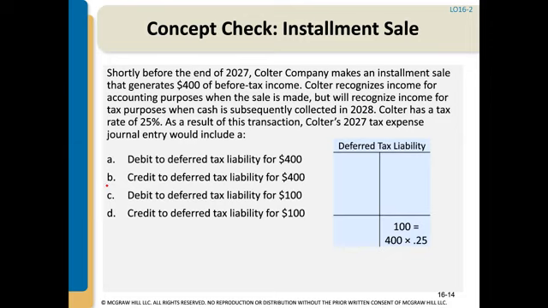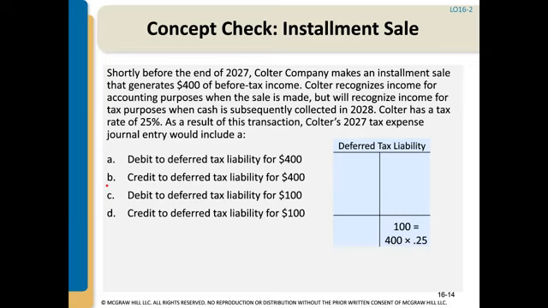Usually we say step 1 is calculate the current tax payable, but we don't have that information here. So we're going to go to step 2, and step 2 is calculate your ending deferred tax. First, before we calculate deferred tax, we say, is this a deferred tax liability or a deferred tax asset?